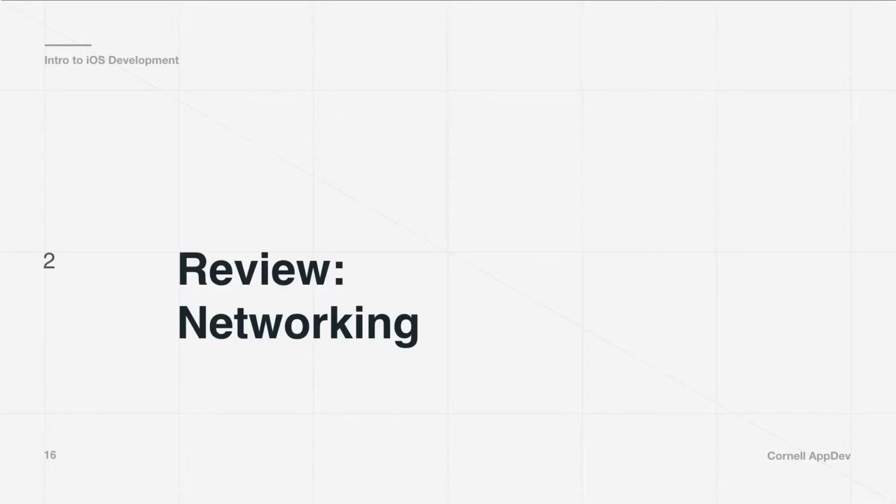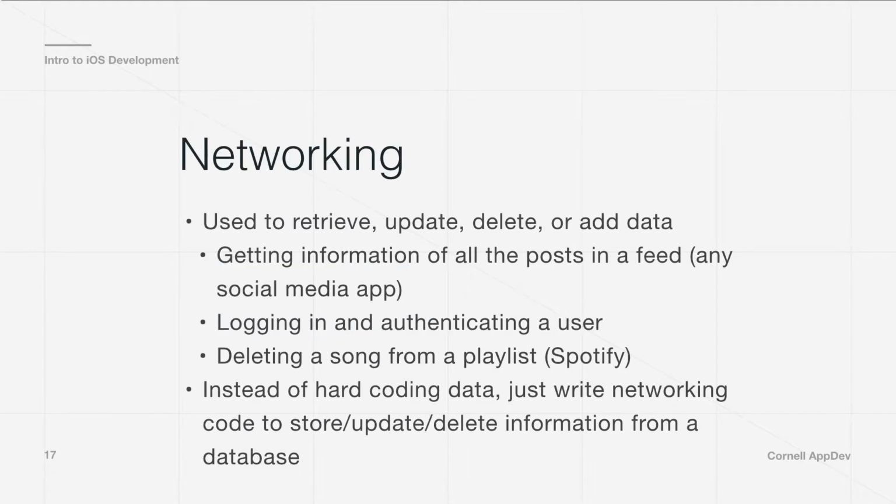Okay, a little bit of review for networking. As I said before, it's used to retrieve or update, add, delete data from the internet. For example, if you're getting all the information of all the posts in a feed, if you're logging into something on the internet, maybe you're deleting a song from a playlist. So the first one is an example of a GET request.